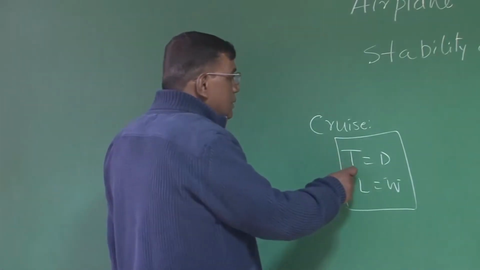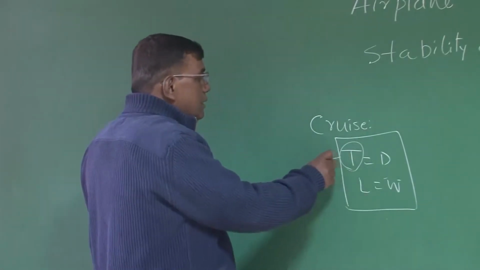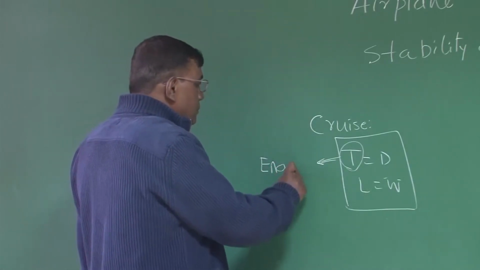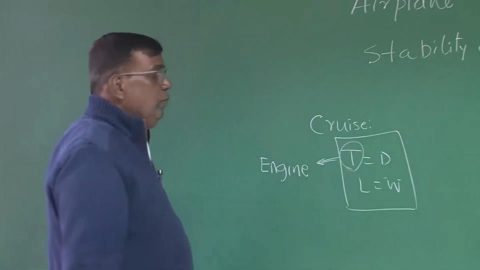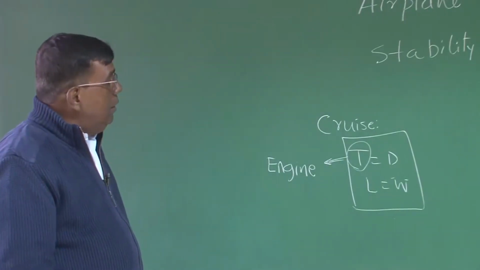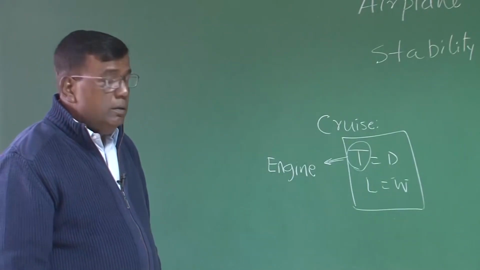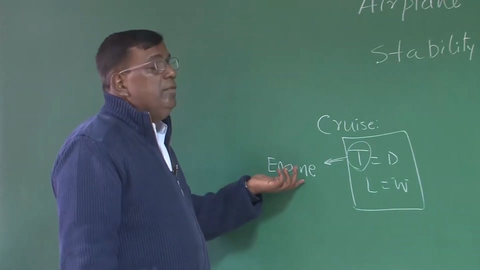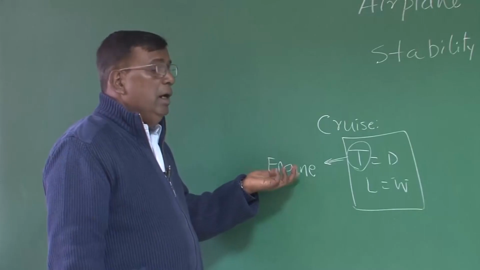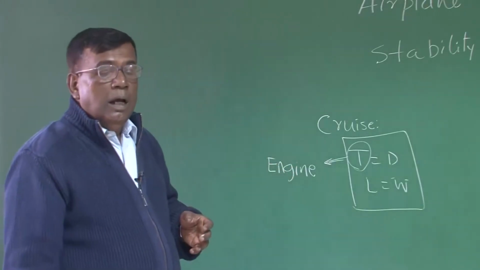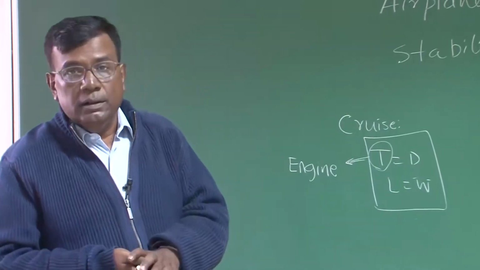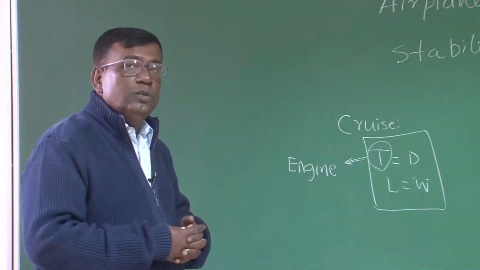Now, if I look at all these 4 forces, if I want to do an experiment, then as far as thrust is concerned, this is coming from the engine. So if you want to measure how much thrust or how much power the engine is developing, that will be primarily governed by the environmental condition and also how the engine has been made. What is the thermodynamics associated with the engine?